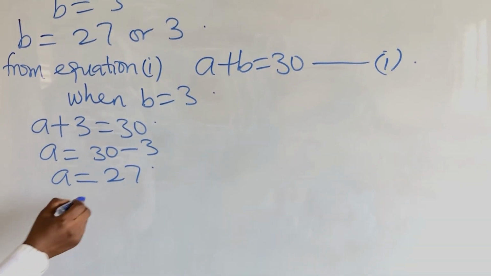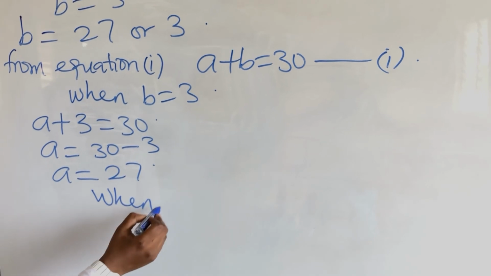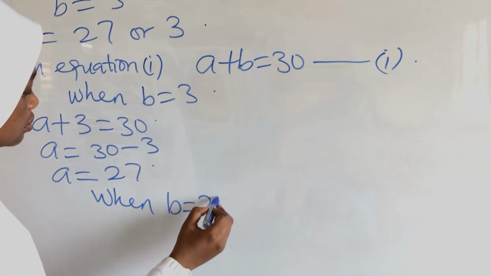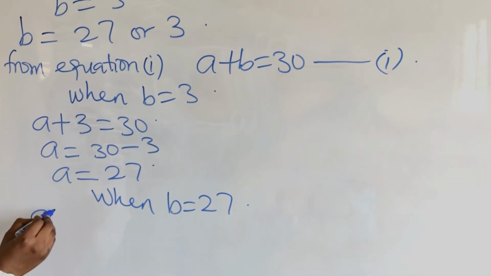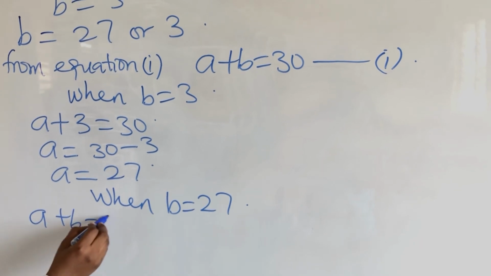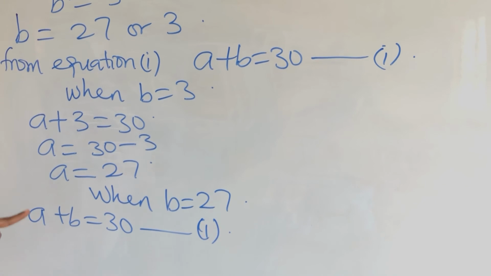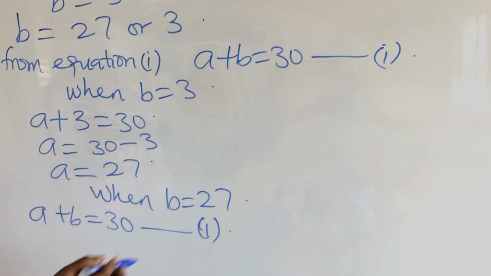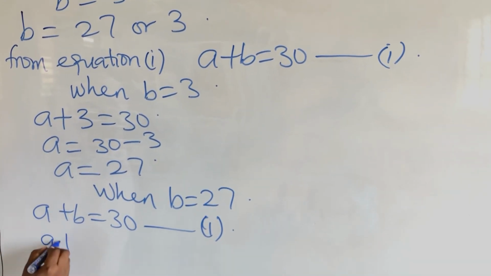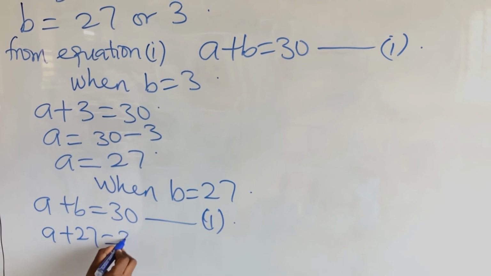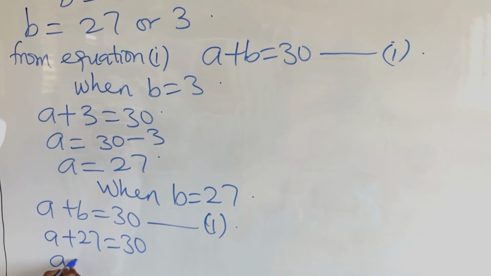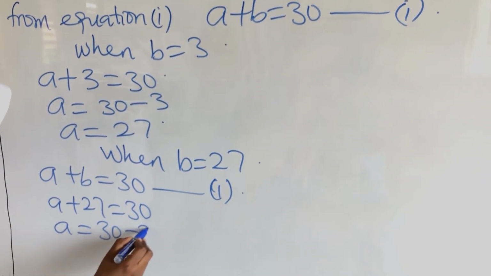So when B is equal to 27, A plus B is equal to 30, still equation 1. So wherever we see B, we are going to write 27 there. So A plus 27 is equal to 30. So A is equal to 30 minus 27.